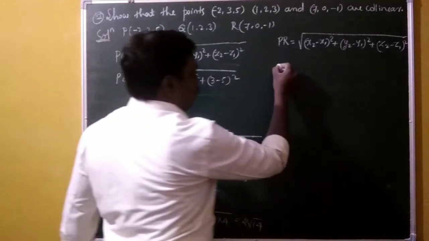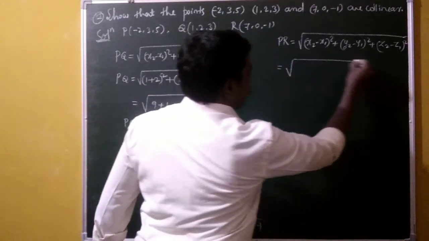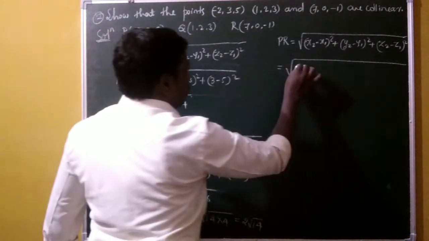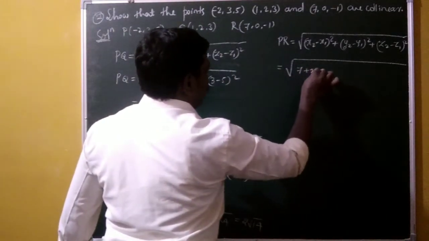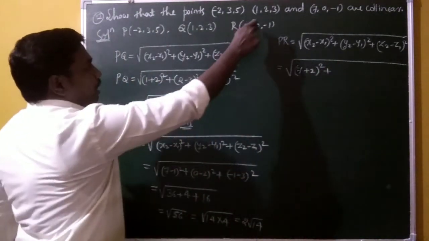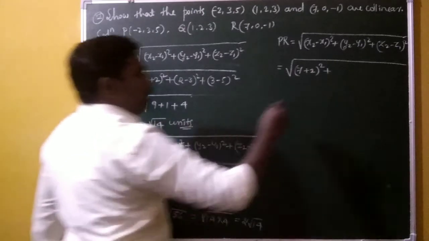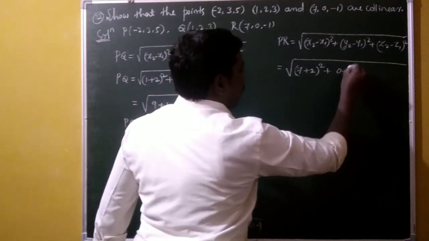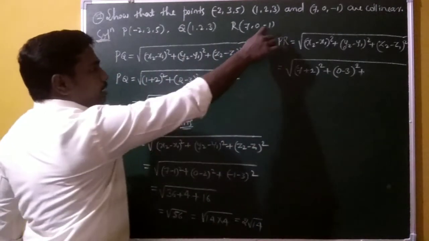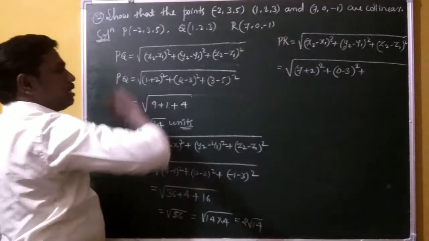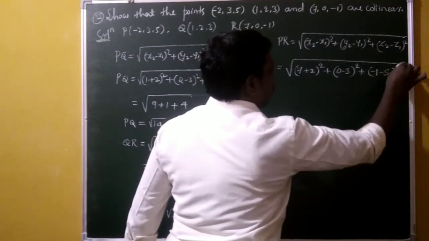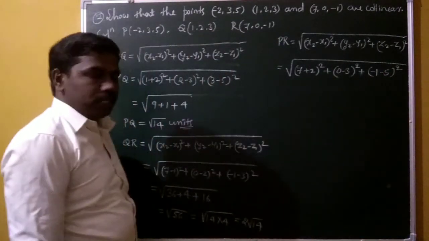Apply it. So what do we get? The square root of what? 7 minus of minus 2, that is plus 2, whole power 2. Next y2 minus y1, 0 minus 3, whole power 2, plus z2 minus z1, minus 1 minus 5, whole raised to 2.